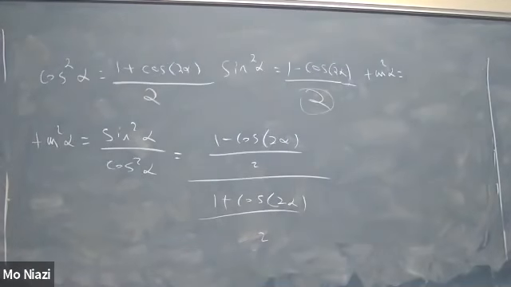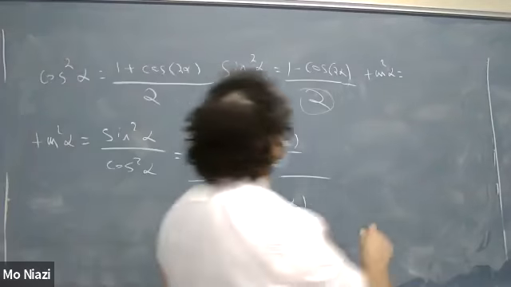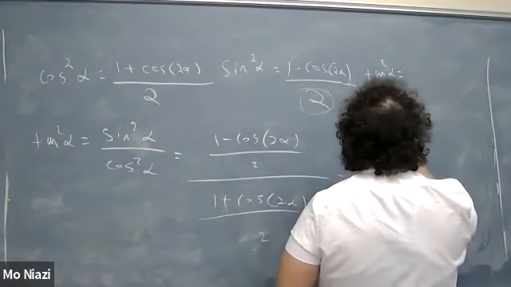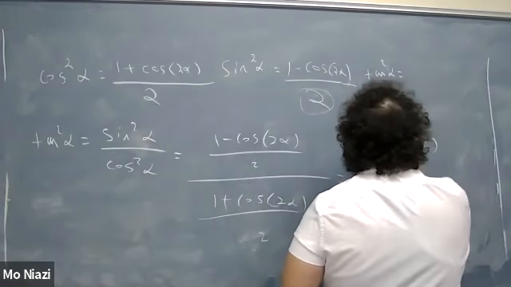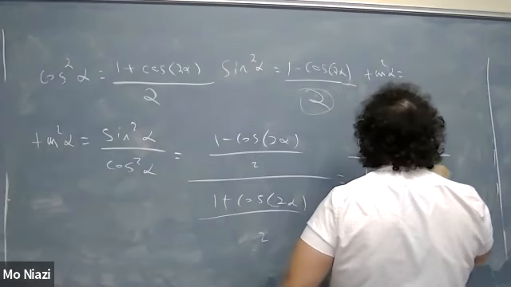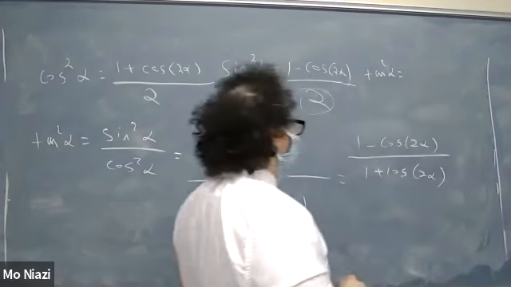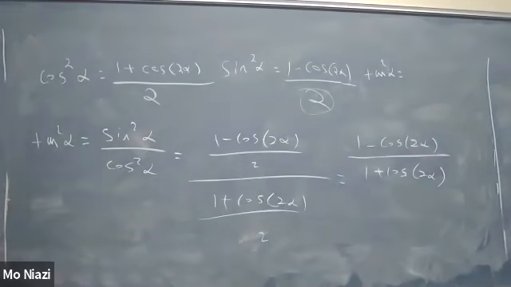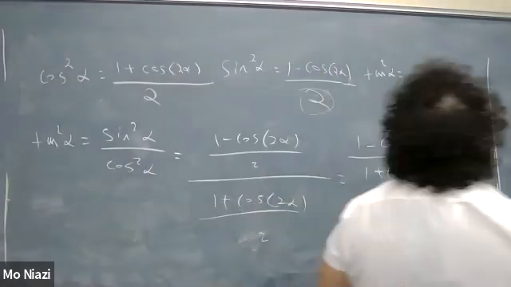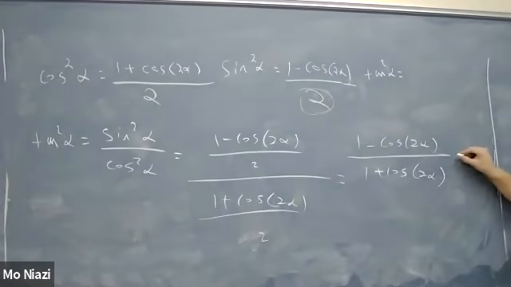Notice that when I multiply by reciprocals, the 2's cancel. So I get 1 minus cosine of 2 alpha over 1 plus cosine of 2 alpha. So that's what the power reducing formula for tangent squared alpha is.